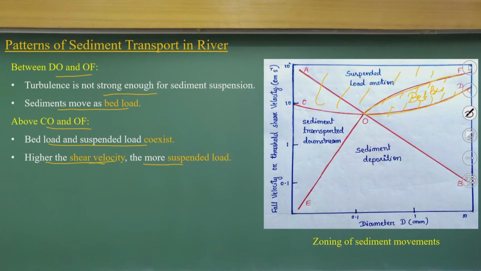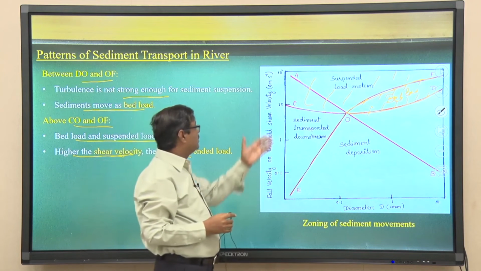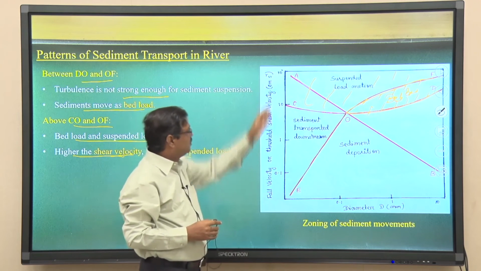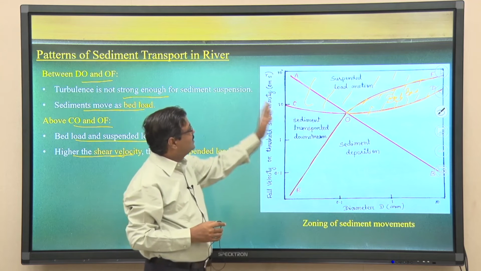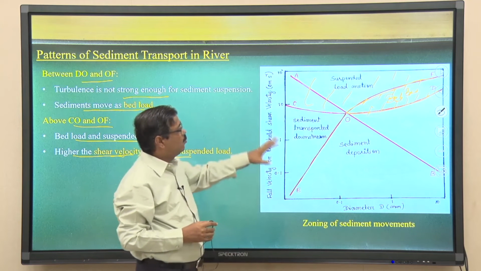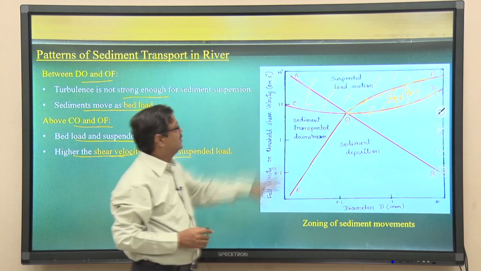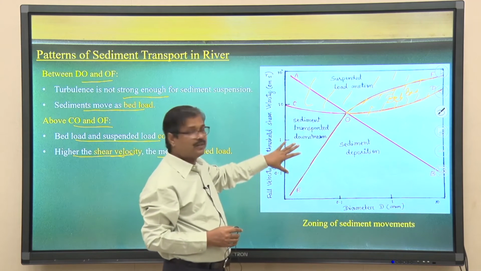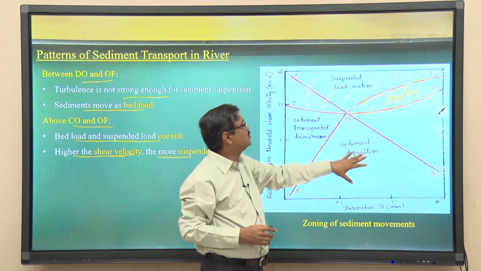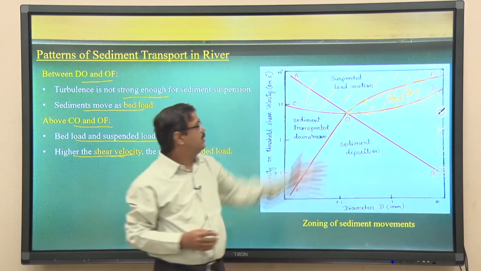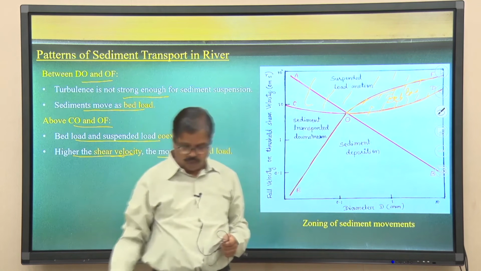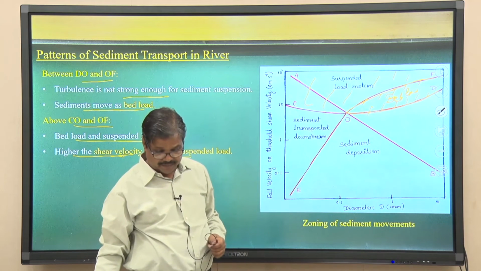If I plot the diameters against the fall velocity or threshold shear velocities, in centimeters per second, it clearly indicates four zones: the suspended load zone, the sediment transport downstream zone, the sediment deposition zone and the bed load zone. Here both the suspended and bed load combinations can happen.